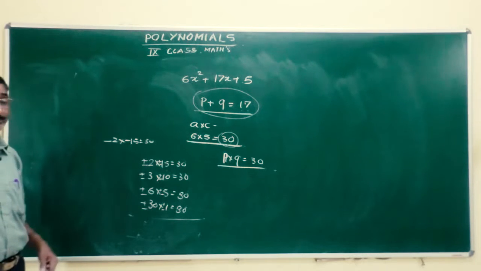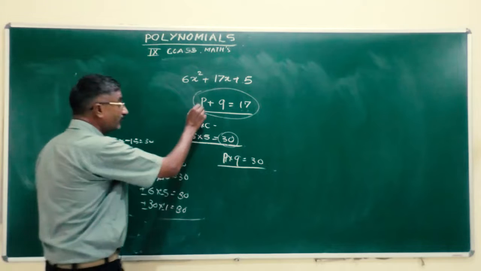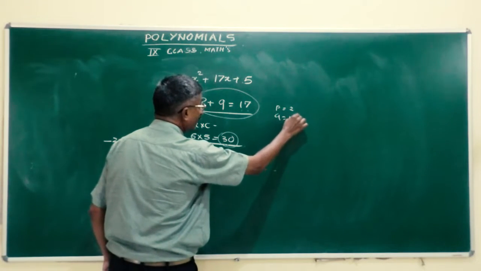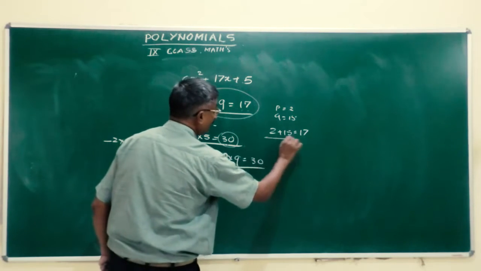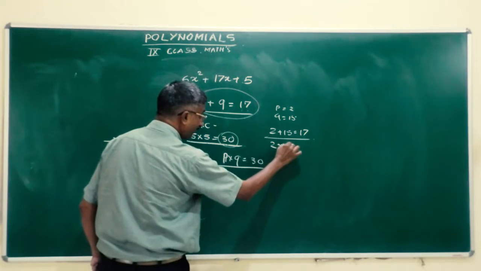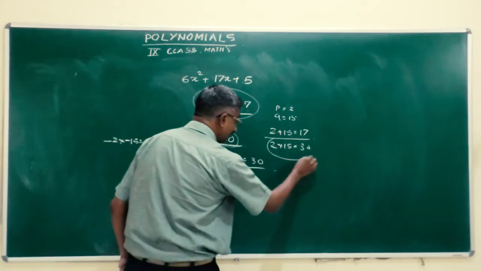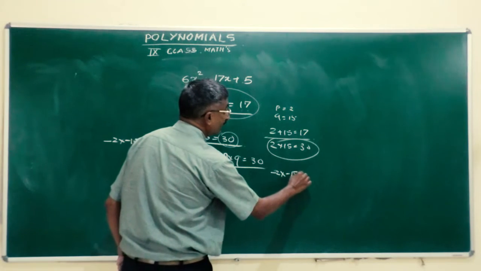So the very first example I have written, that is 2 multiplied by 15. If we substitute P is equal to 2 and Q is equal to 15, so 2 plus 15 is equal to 17 and 2 multiplied by 15 is equal to 30. Okay. You can say minus 2 multiplied by minus 15 is equal to 30.